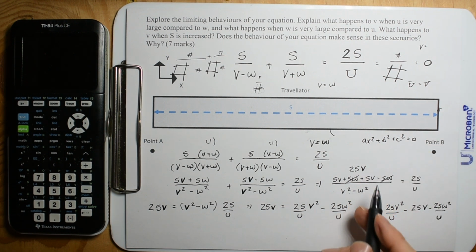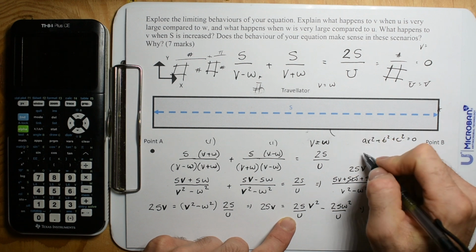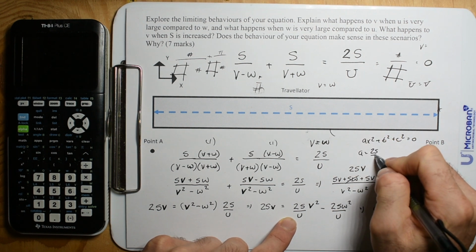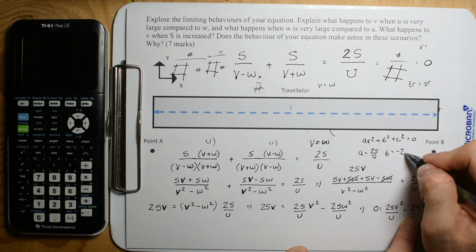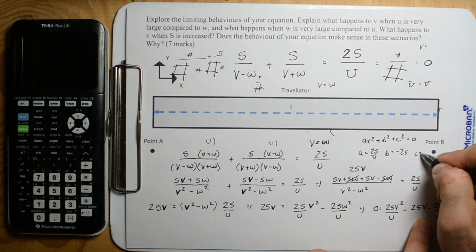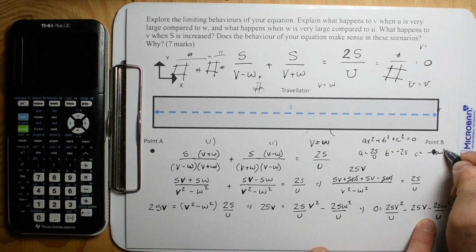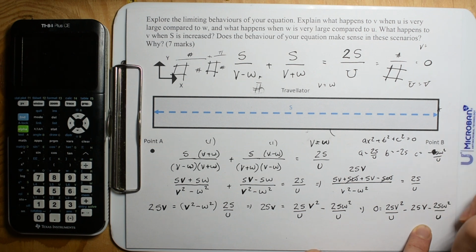But now our A term is 2S over U, our B term is negative 2S, and our C term is negative 2SW squared over U. It's pretty wild.